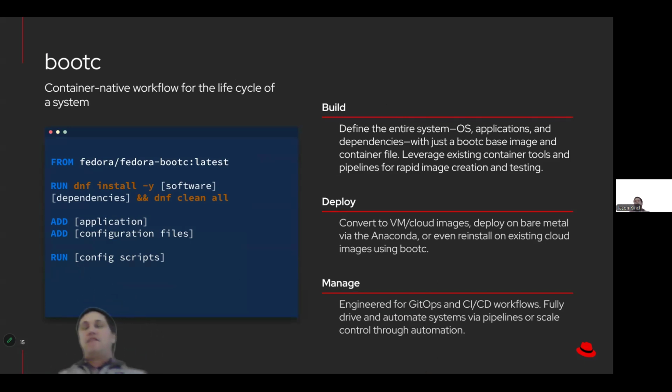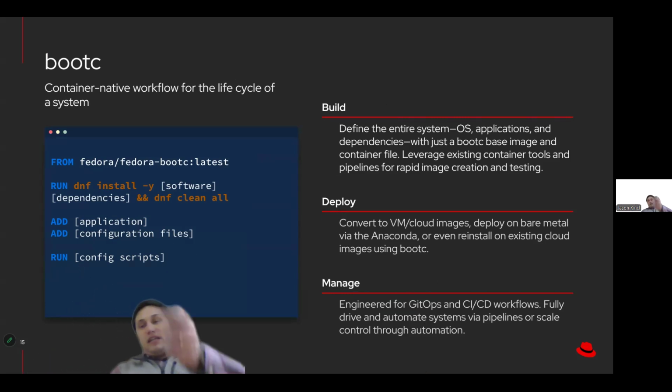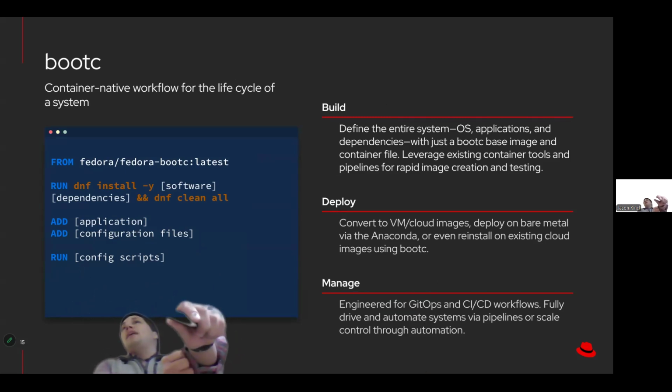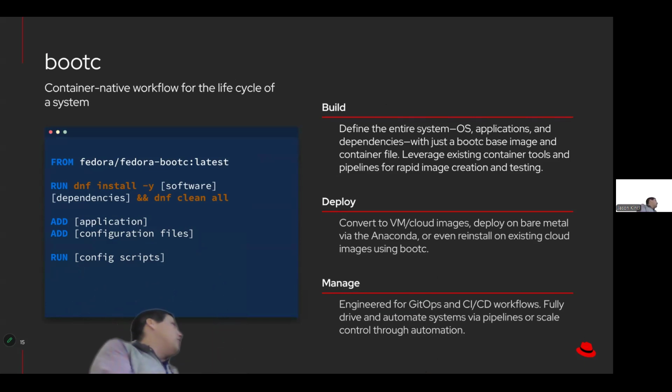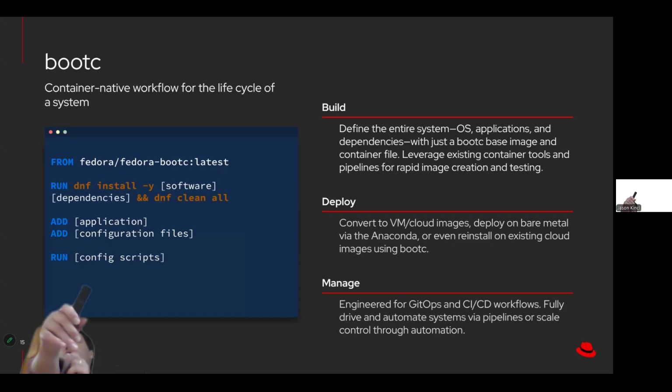If you've ever seen a Dockerfile or a container file, you would build a bootable container the same way that you build any other container today, right? Yum install, DNF install, you do your package configuration, you copy in your stuff, that's it. There's nothing special. It's going to look the same.